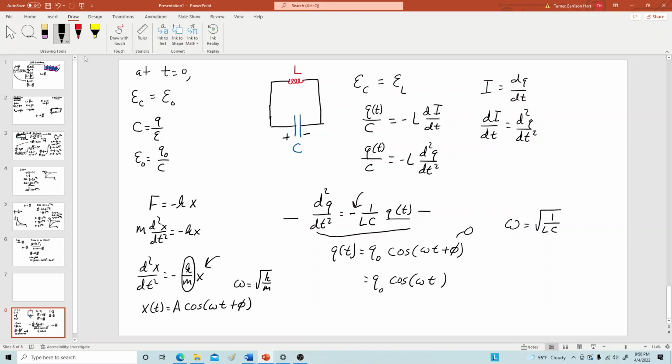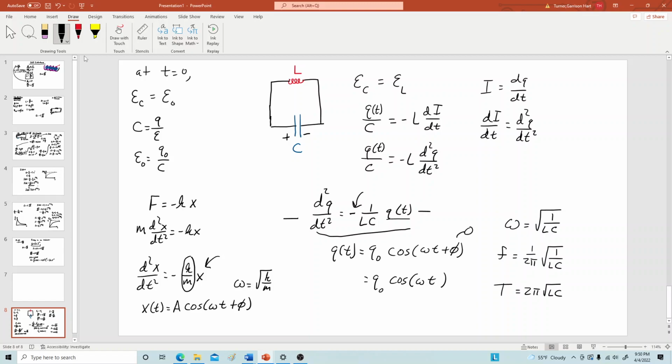So the frequency would be 1 over 2 pi times the square root of 1 over LC, and the amount of time it takes for this cycle to complete would be 2 pi square root LC.